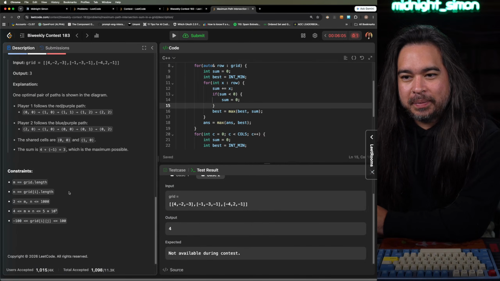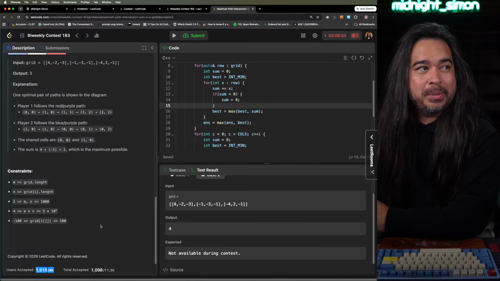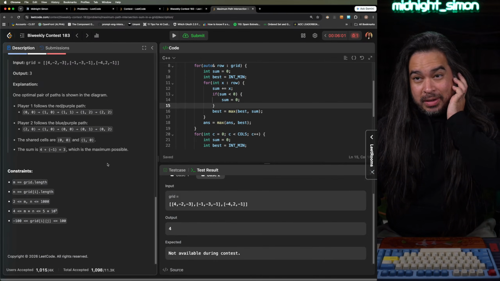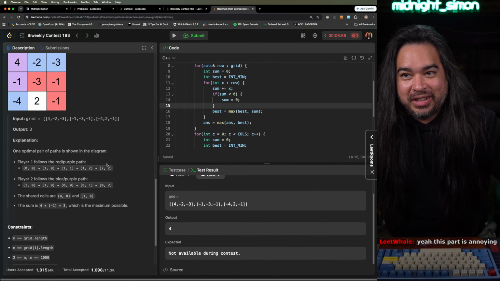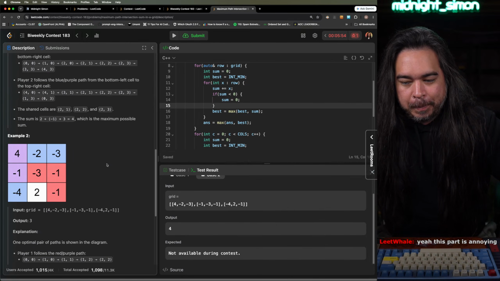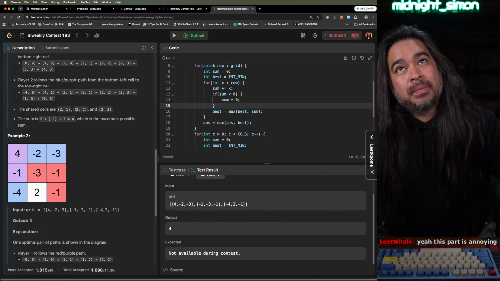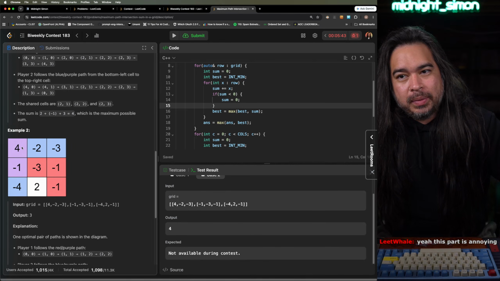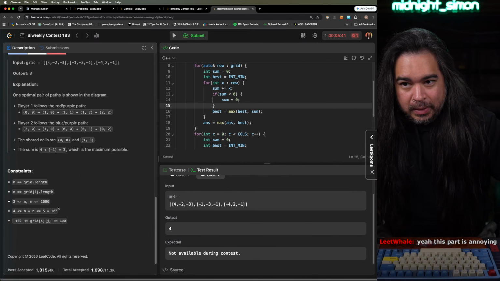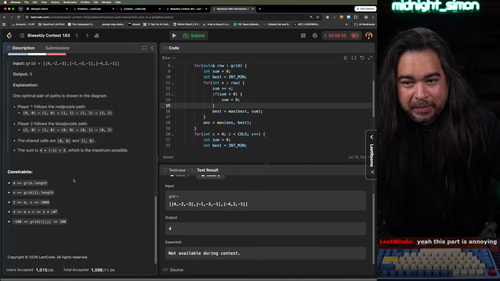I see why so few people got this one. This part is annoying. Yeah, I don't know what to do. There's a lot of cells too, man. It's not like Mickey Mouse stuff.